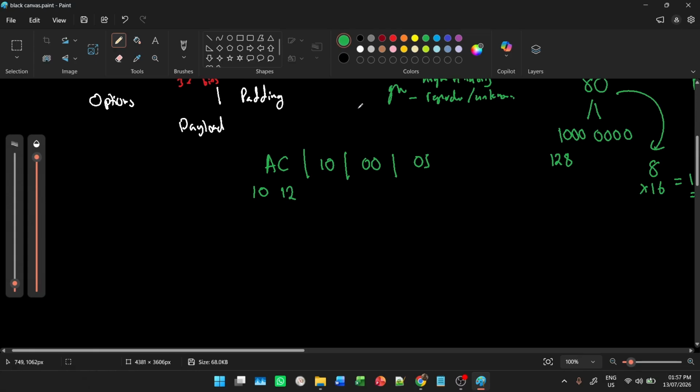If you convert each of these, this is going to be 16 plus, and this is going to be, I believe, 16 plus 2. So I think it is 32 plus 2, 34.